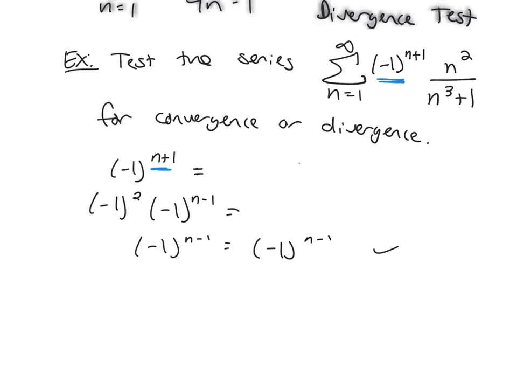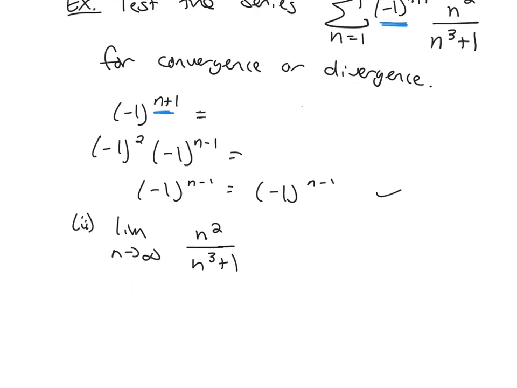So let's start with the limit. Let's go ahead and do part 2 first. N squared over n cubed plus 1. I want to compute this limit. What's my largest degree term in the numerator? 2. The denominator? 3.